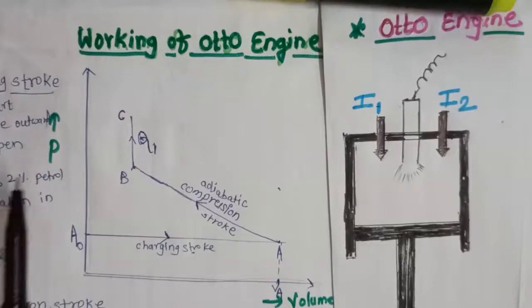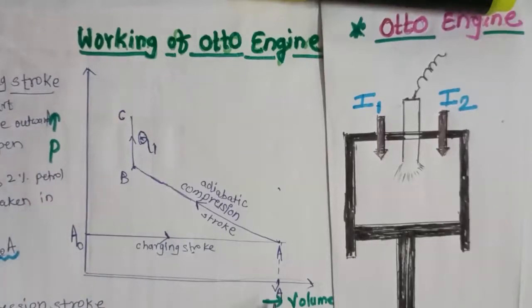The graph is plotted as pressure versus volume. The first stage, that is the charging stroke, is represented by the line A0A.